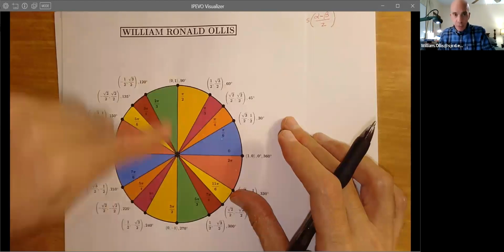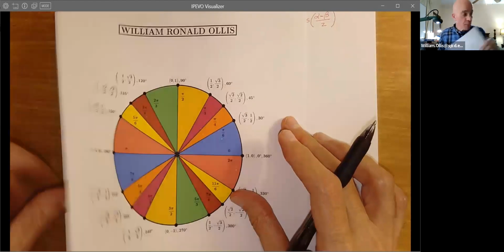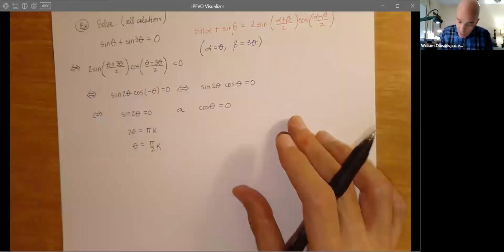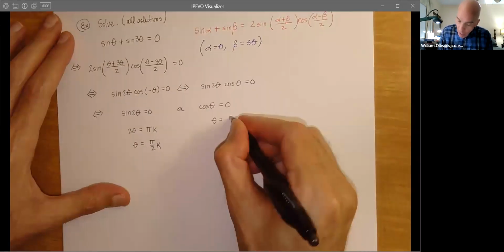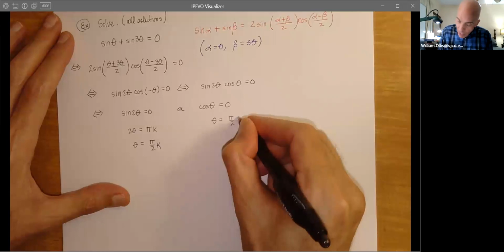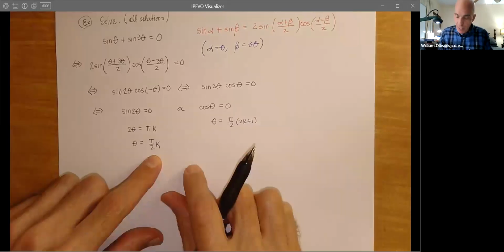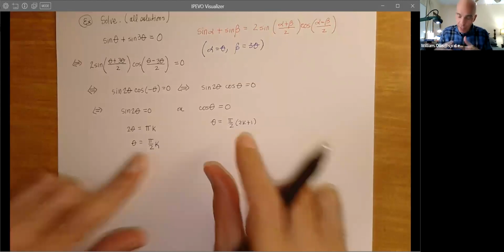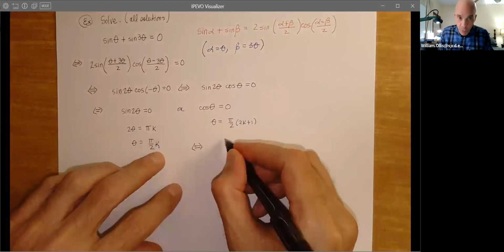Negative pi over 2, negative 3 pi over 2, negative 5 pi over 2, negative 7 pi over 2. Odd multiples. So in this case, we say theta equals pi over 2 times 2k plus 1. Well, this is all multiples of pi over 2, and this is just the odd. So if we put them all together, we just get multiples of pi over 2.